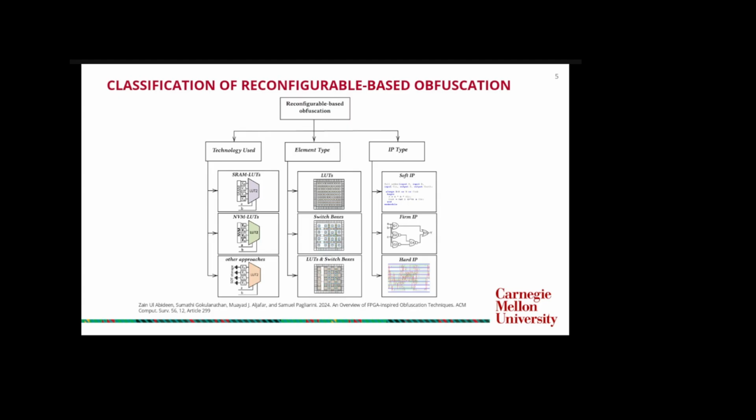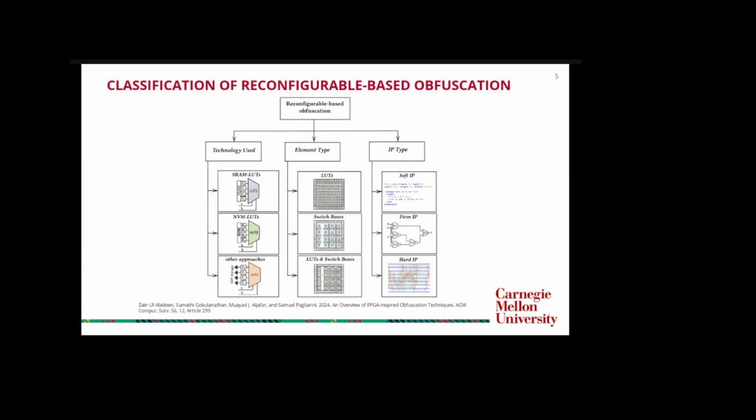We have SRAM, where we store our logic, SRAM LUTs. SRAM means where we store our bitstream, and the LUT makes our combinational logic. And then we have non-volatile memory based approaches.